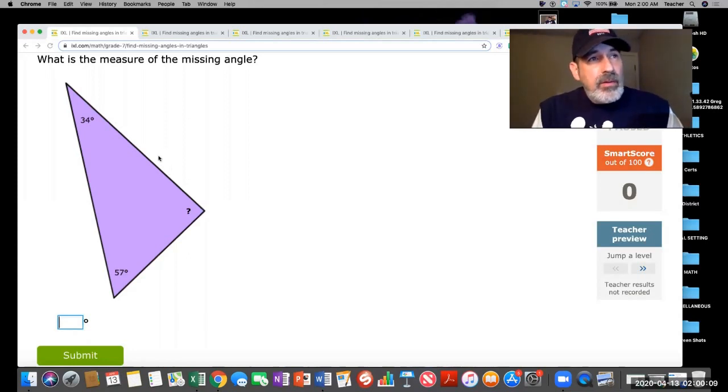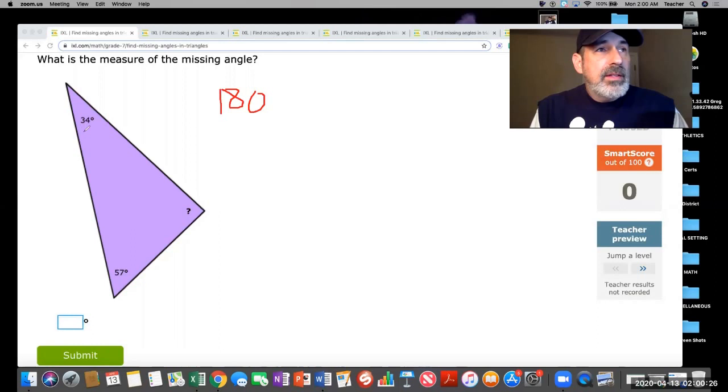All right, so anyway, here we go. So let's get through these real quick. 180 degrees, all right? And I need to subtract those other two from 180, and that'll tell me what this missing one is. So first of all, I can see 4 plus 7 is 11. I'm going to carry the 1. So 3 plus 1 is 4, plus 5 is 91.